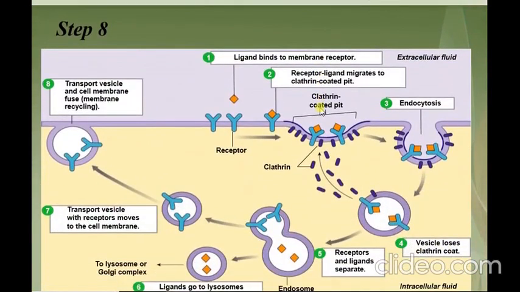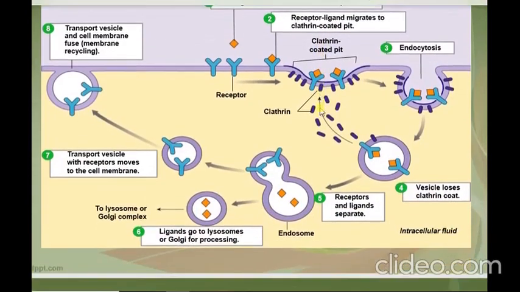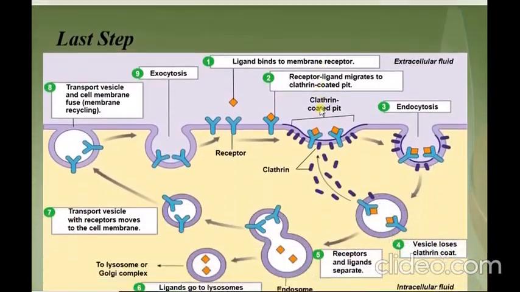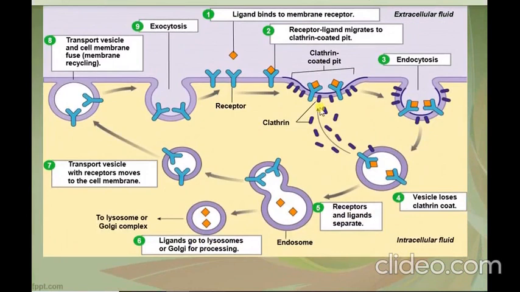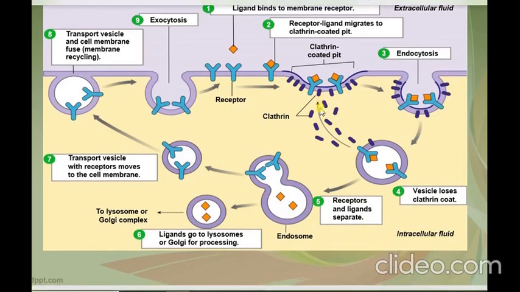In the 8th step, the transport vesicle and cell membrane fuse, meaning membrane recycling occurs. And in the last step, exocytosis occurs. The drug which has been used or digested and converted into metabolites will be removed through the process of exocytosis.